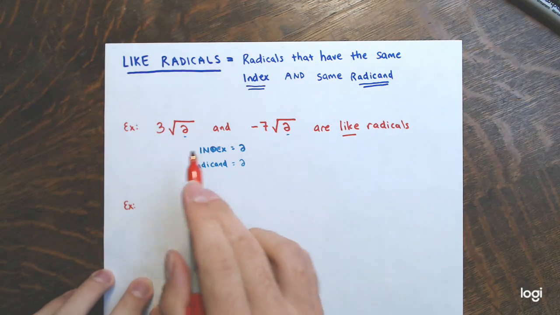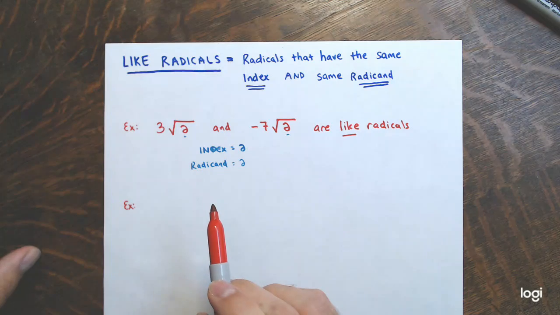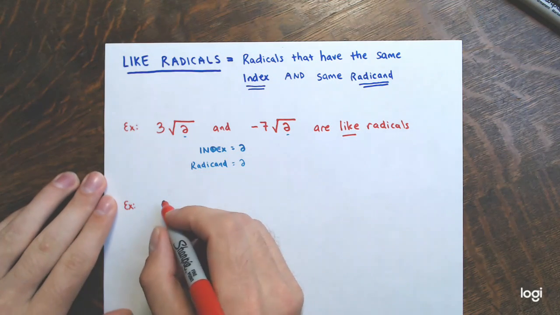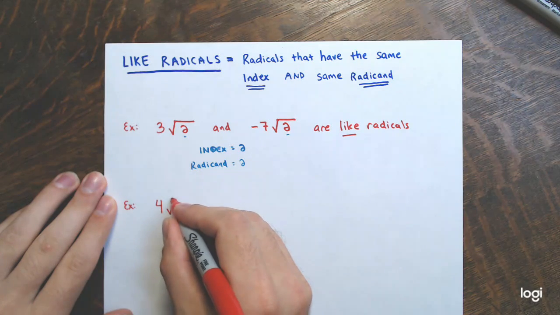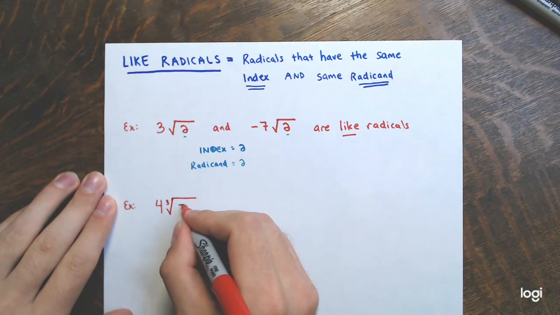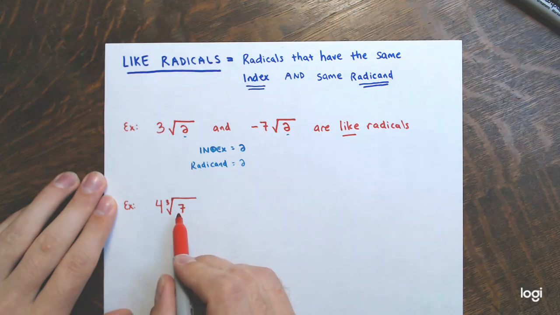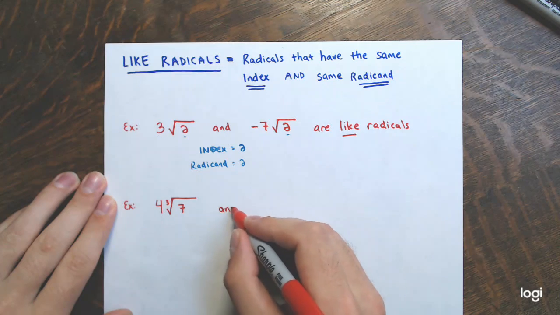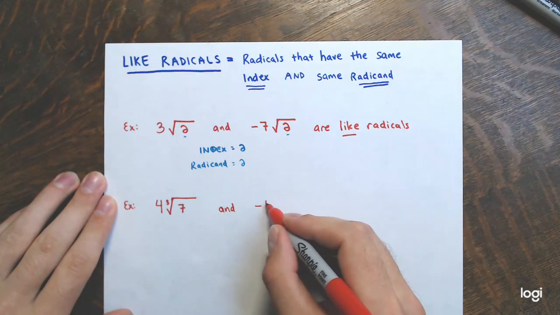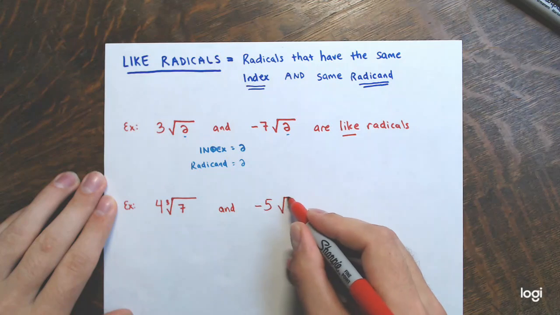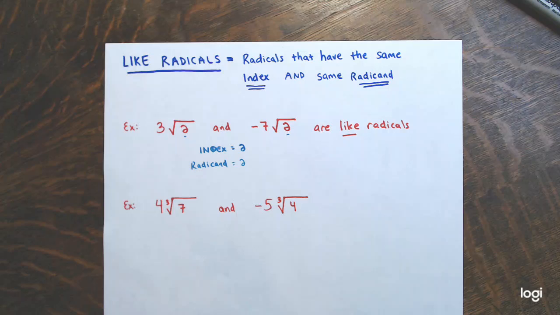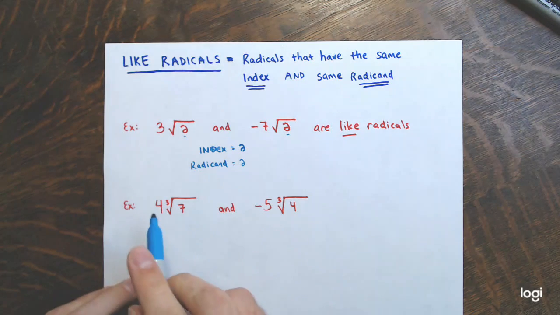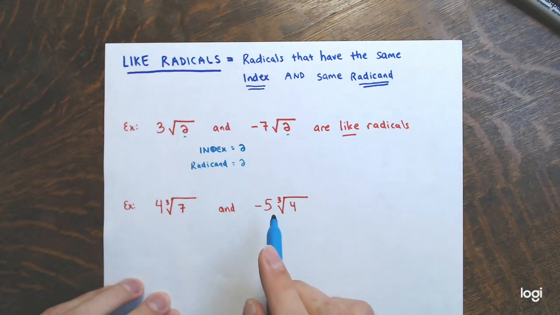Now I think it's hopefully pretty easy to determine whether two radicals are like or unlike. So how about this? 4 times the cube root of 7. There's a cube root symbol, and the radicand is 7. And how about negative 5 times the cube root of 4. They're both radical expressions, they have a root symbol in them.